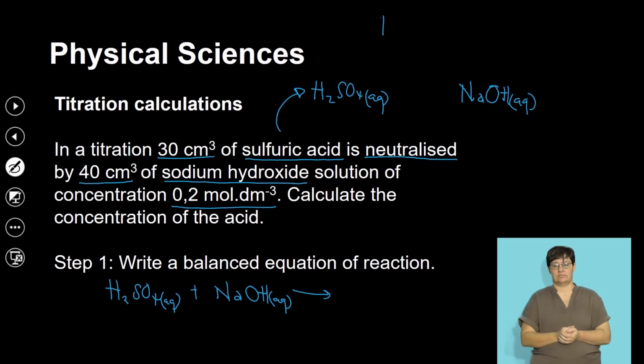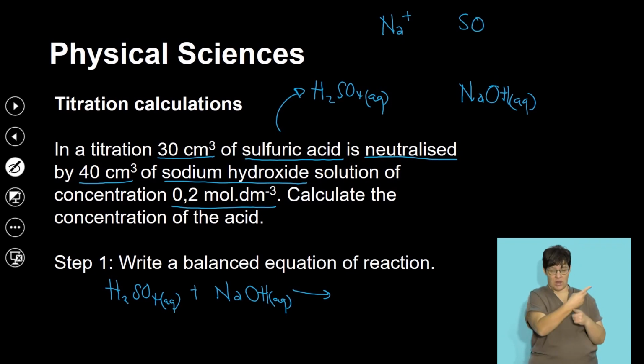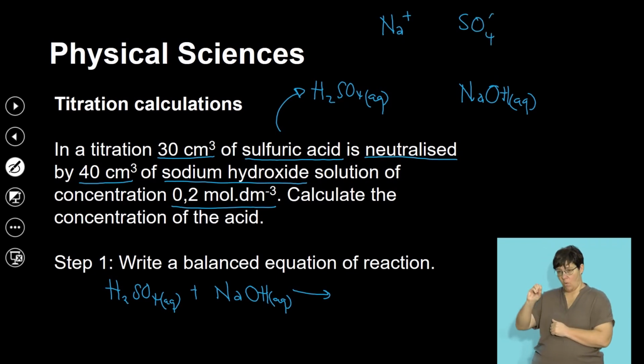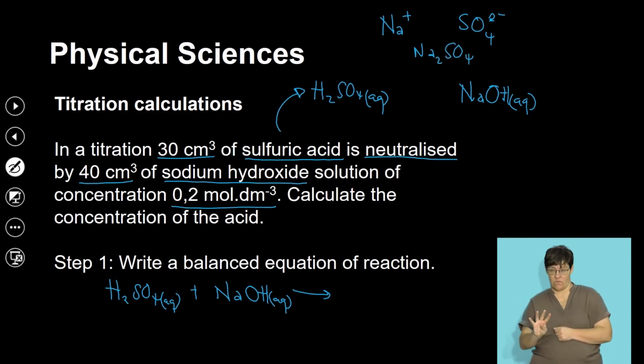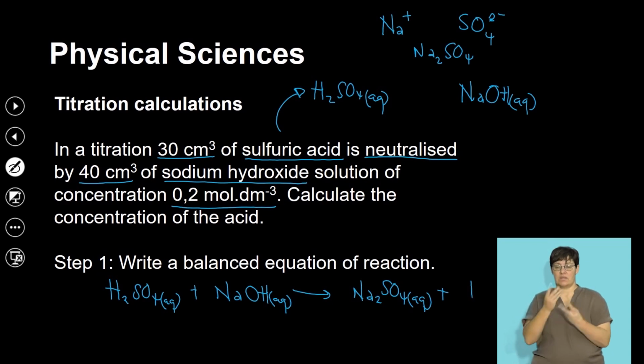Remember, sodium is a group 1 metal, and the sulfate ion is a polyatomic ion, SO4 2 minus. And then the formula for sodium sulfate becomes Na2SO4, right? Plus water.